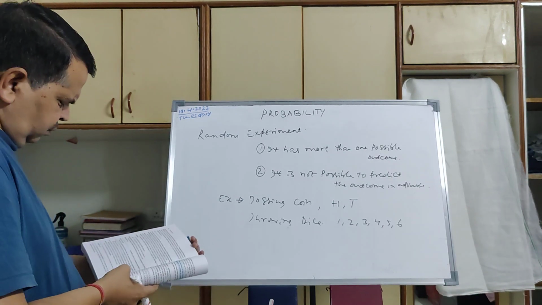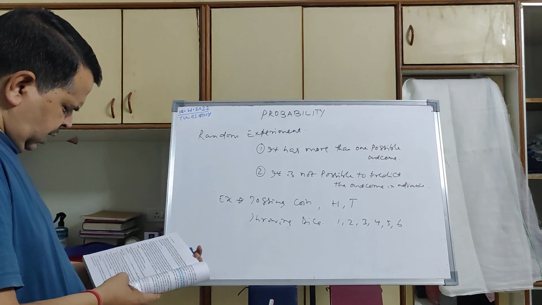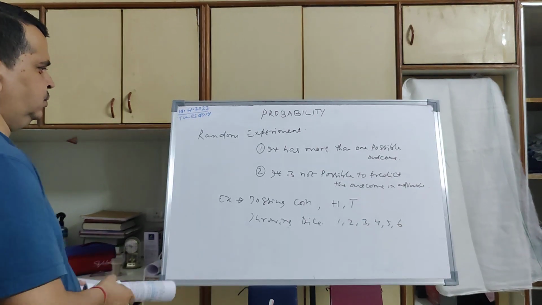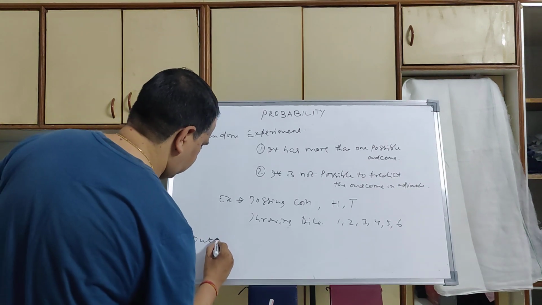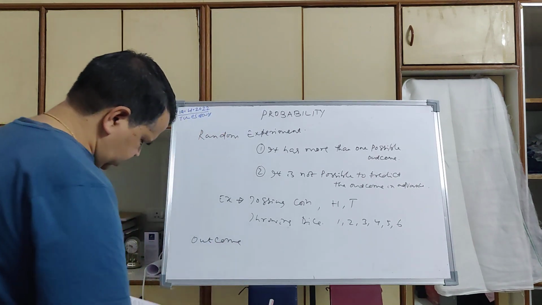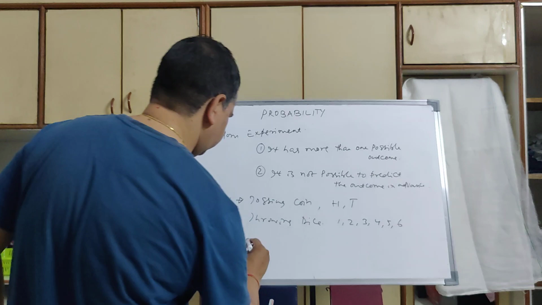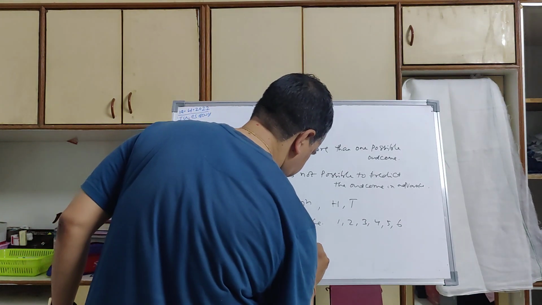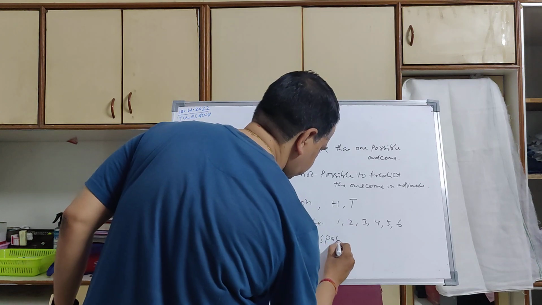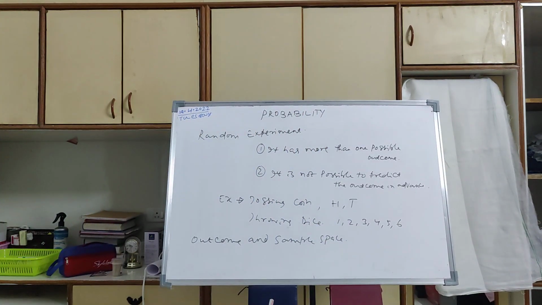Then there is another term, which is called outcome and sample space. So this is random experiment, and then another thing is called outcome and sample space.